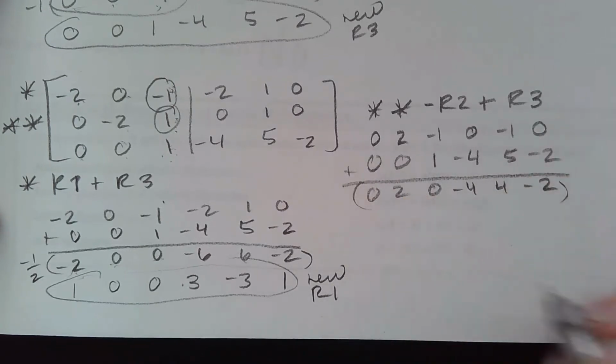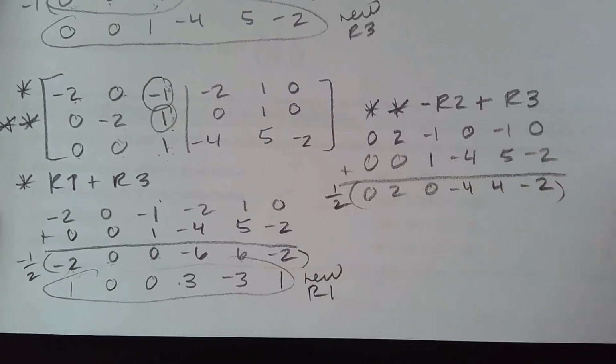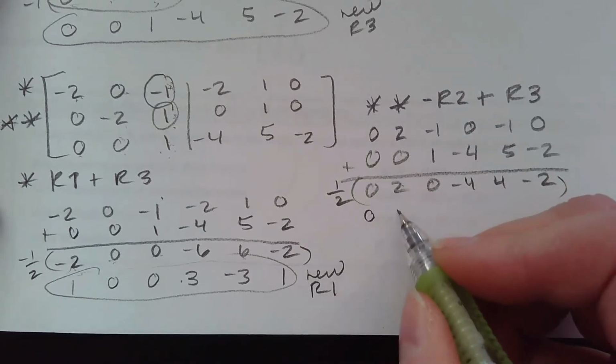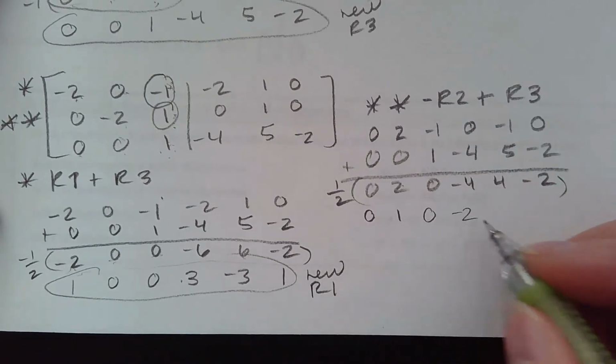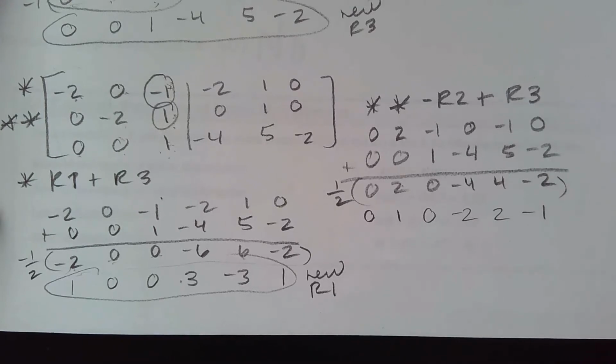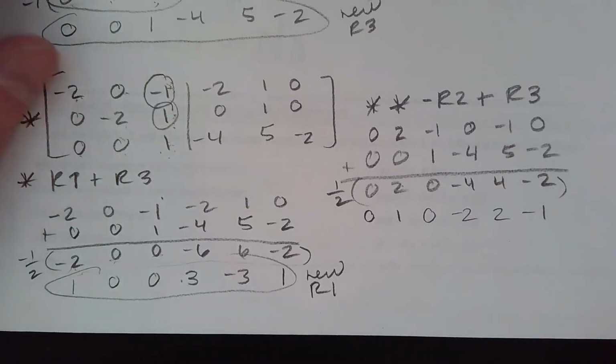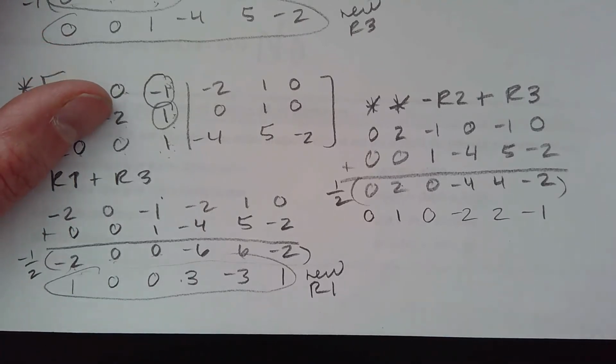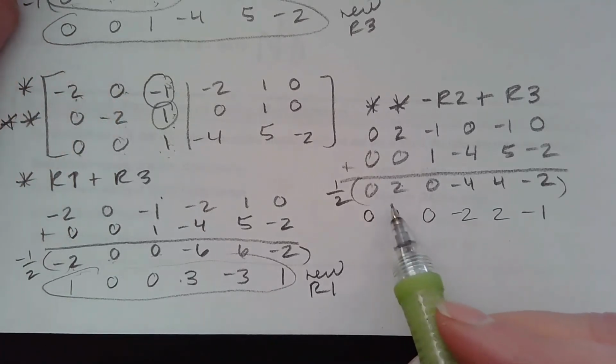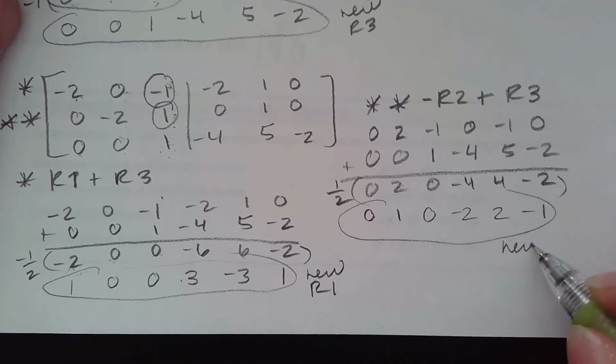And then again, I can multiply everything by 1/2. So we are making this a 1. We're just not worrying about it until the very end, because then I don't have any fractions. If I'd done that at the beginning, I'd have to work with all of those fractions. And we don't want to do that. The numbers just kind of take care of themselves. So this is going to be my new row 2.